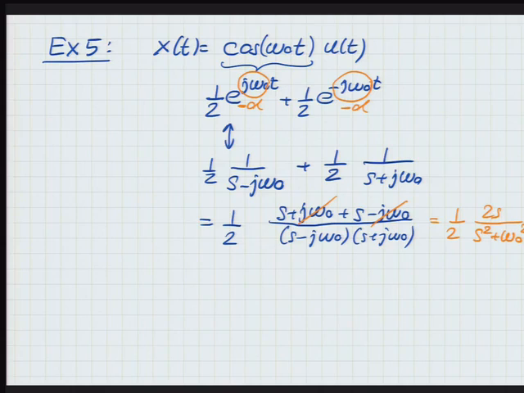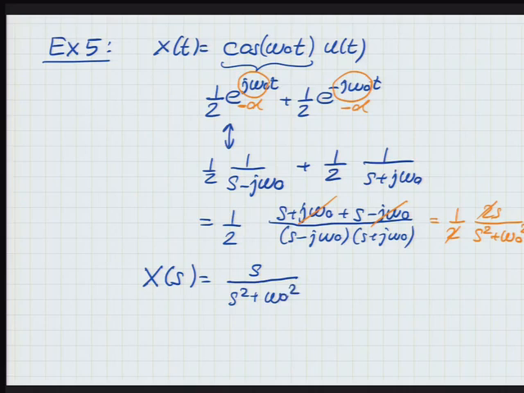In this case, b is j omega naught. Its square is negative omega naught square. So negatives cancel, you get positive. All right, and then 2's cancel. So the good news is that the answer is simple. X of s for a cosine starting at time equal to 0 is s over s square plus omega naught square.